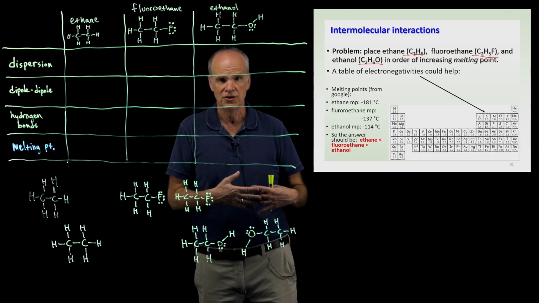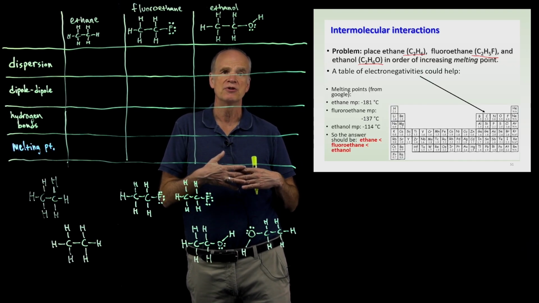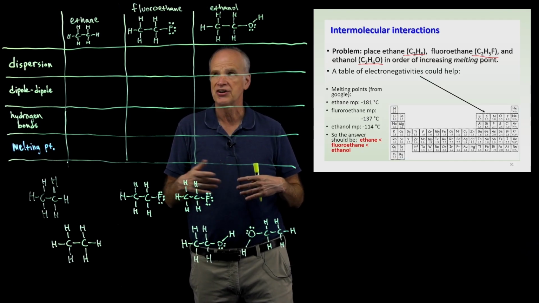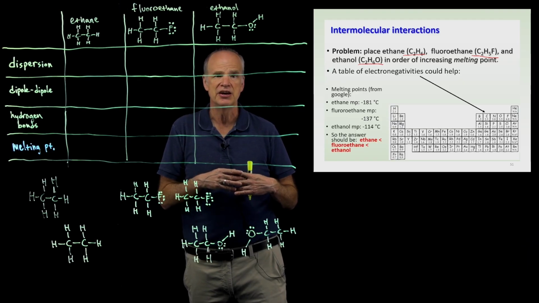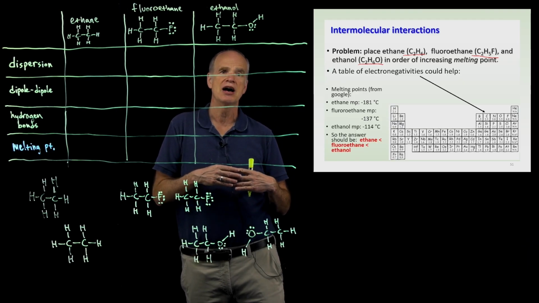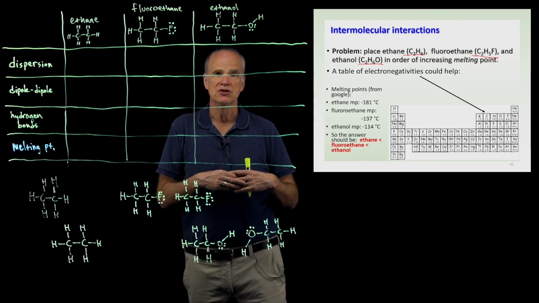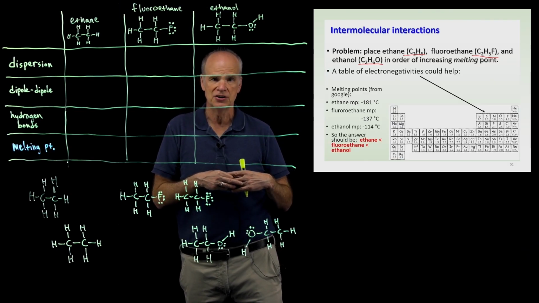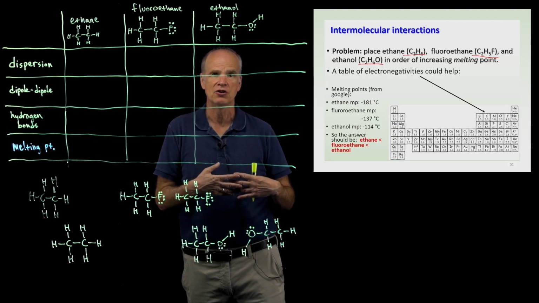The reason why you do all these things is because that tells you the kind of interactions that will be found between the molecules. As I noted earlier, if it turns out to be a small nonpolar molecule, then it only has dispersion interactions and will have a relatively low melting and boiling point. If on the other hand it is a polar molecule, but without hydrogen bond donors and acceptors, then it will have dipole-dipole interactions and will have a melting and boiling point higher than a small nonpolar molecule.